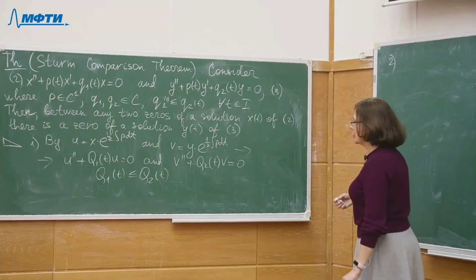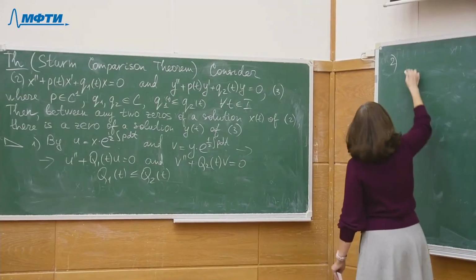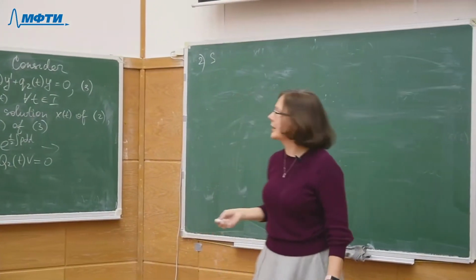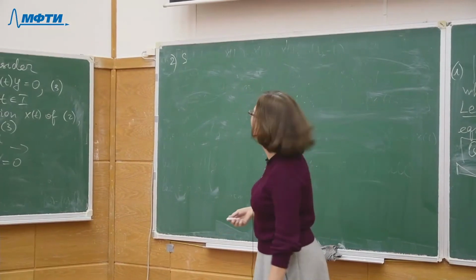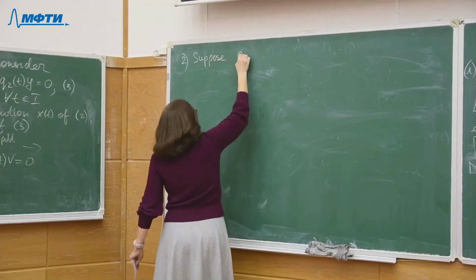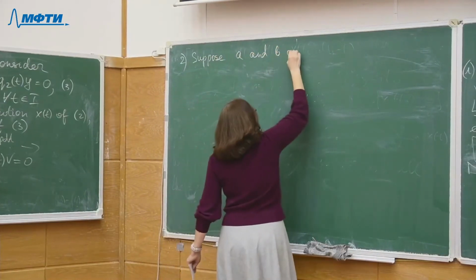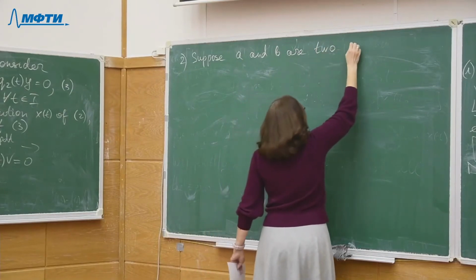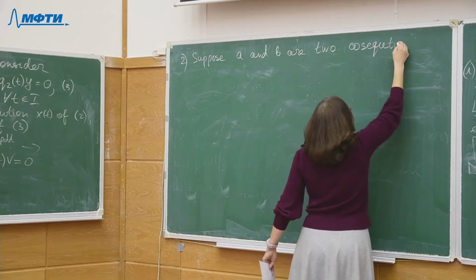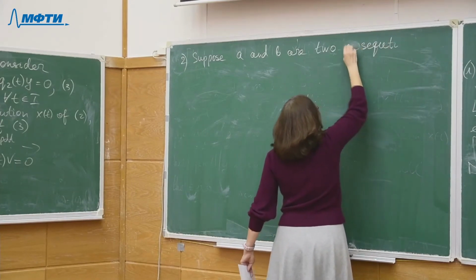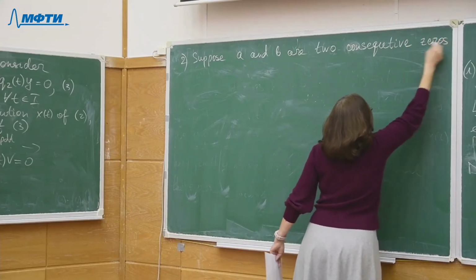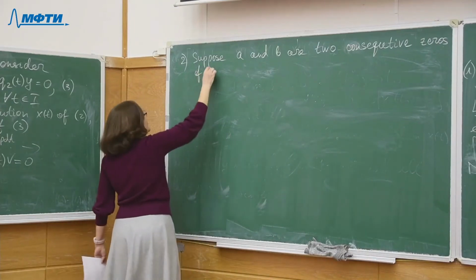Well, step number 2. So suppose, let's denote two consecutive zeros of the function x of t by a and b. So suppose a and b are two consecutive zeros of the function x of t.